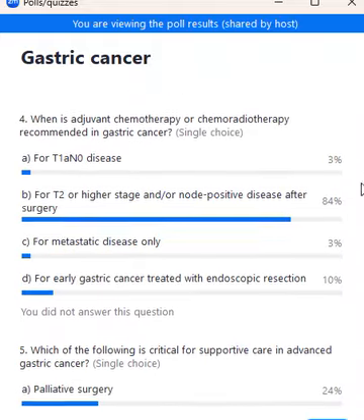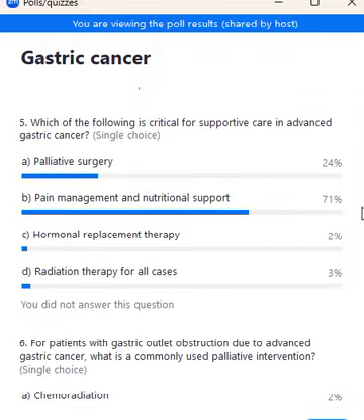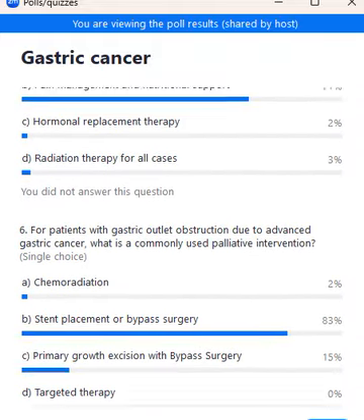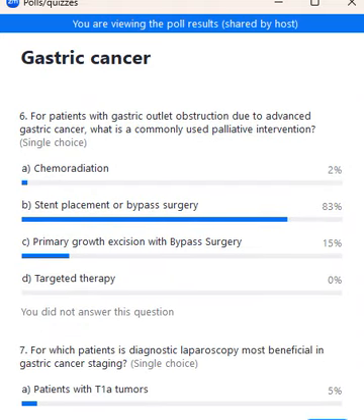Is there a variable opinion among the faculties here? The patient has outlet obstruction due to advanced gastric cancer. There are two options in the middle. The second option was stent and bypass, and the third option was primary excision and bypass surgery.